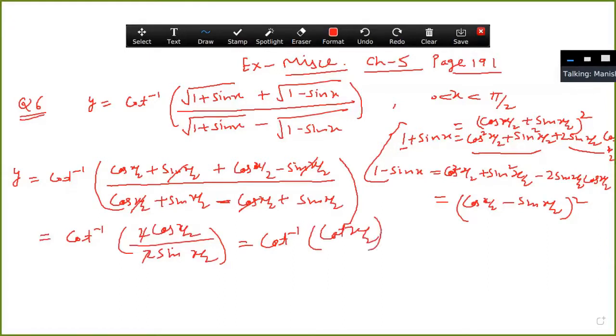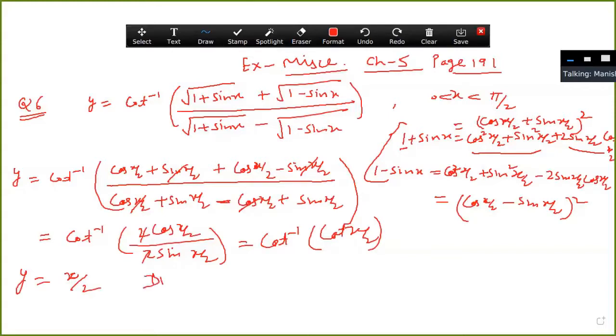As you know from inverse trigonometry, y is equal to only x by 2. Up to this part you have done in inverse trigonometry. Further, you have to differentiate the function y is equal to x by 2 with respect to x.